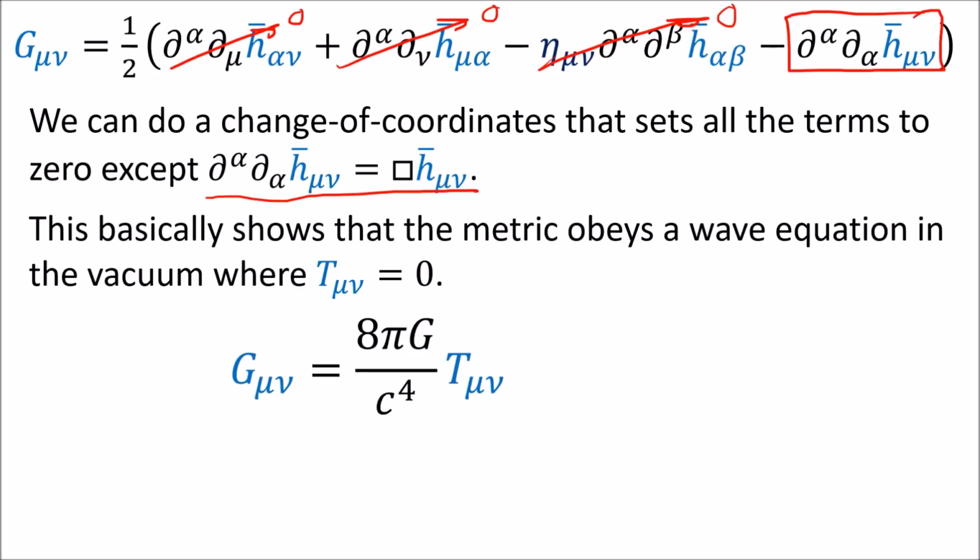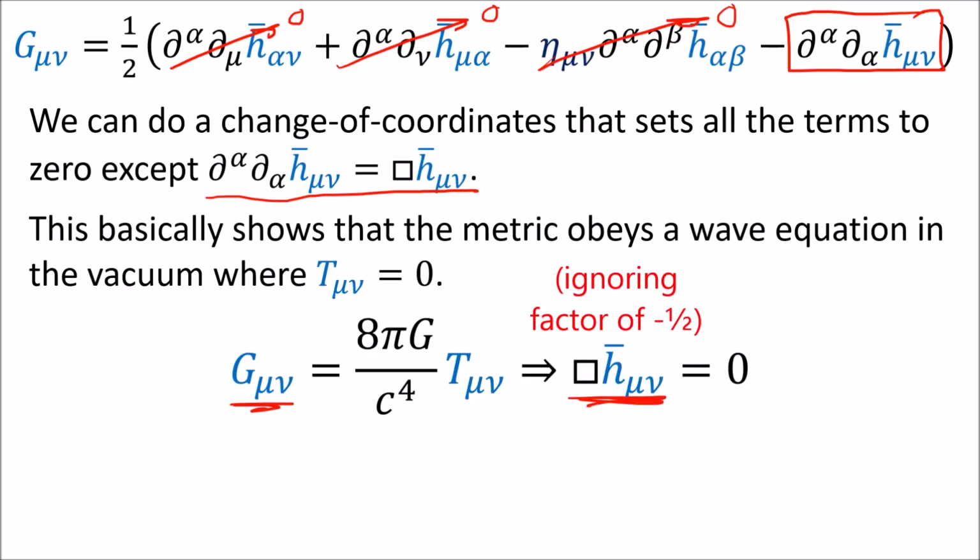So under linearized gravity in this coordinate system, the Einstein tensor becomes the D'Alembert of the barred h. And in the vacuum, the energy-momentum tensor goes to zero. So the Einstein field equations become a wave equation for the metric perturbation h bar.